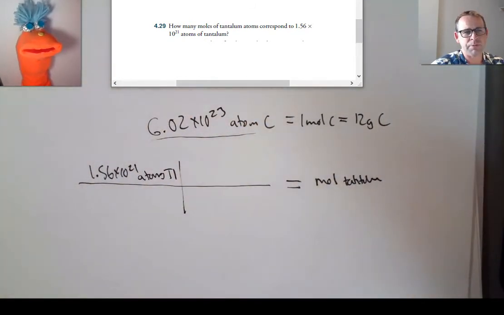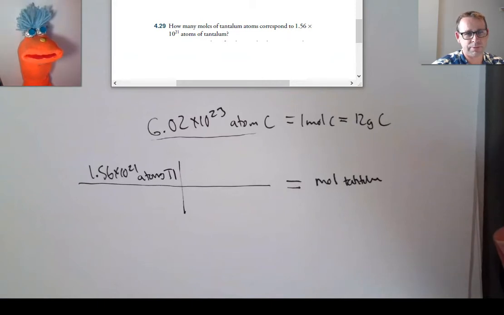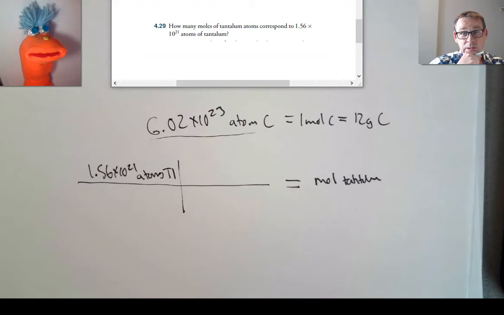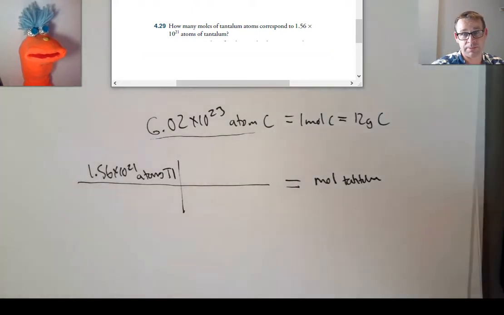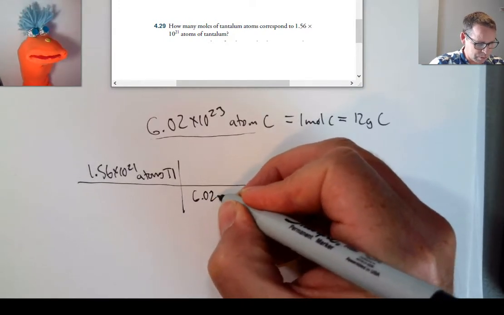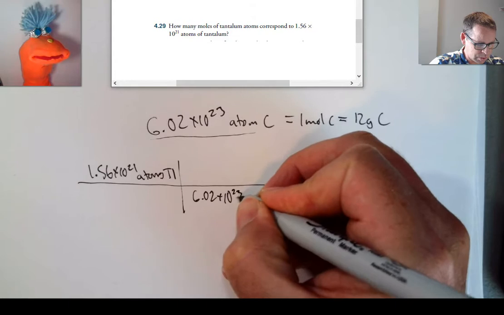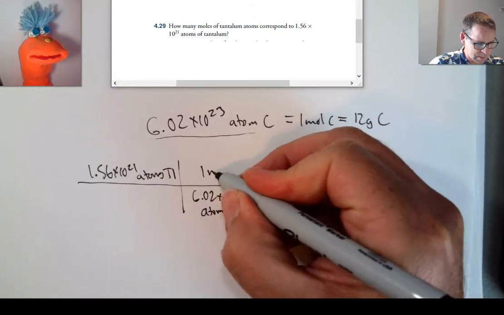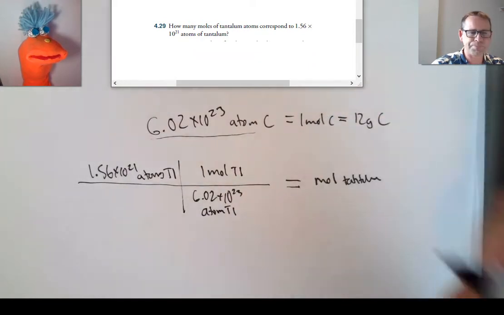And now, if you have 6.02 times 10 to the 23rd of anything, you have a mole of it, right? Because that's just a number. So what we would do here is we say 6.02 times 10 to the 23rd atoms of tantalum. That's the same as 1 mole of tantalum.